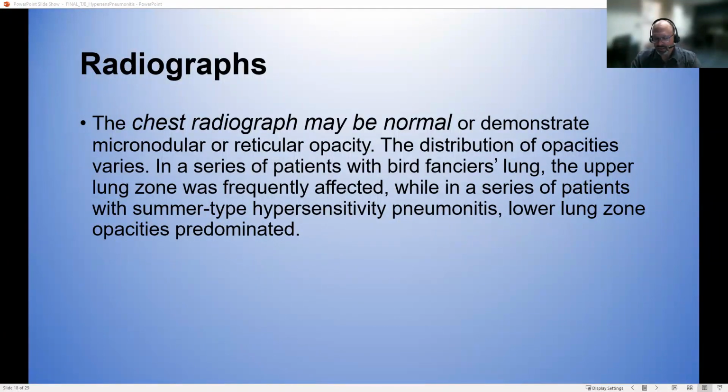I'll go through it more later, but it's interesting, or frustrating, I should say, if I'm thinking down the road of HP, it's like, oh, the chest X-ray is normal. Oh, okay. Am I going down the right road? But that was another thing that the HP guideline talks about, and we'll talk about it in a second, is ordering an HRCT, high resolution CT.